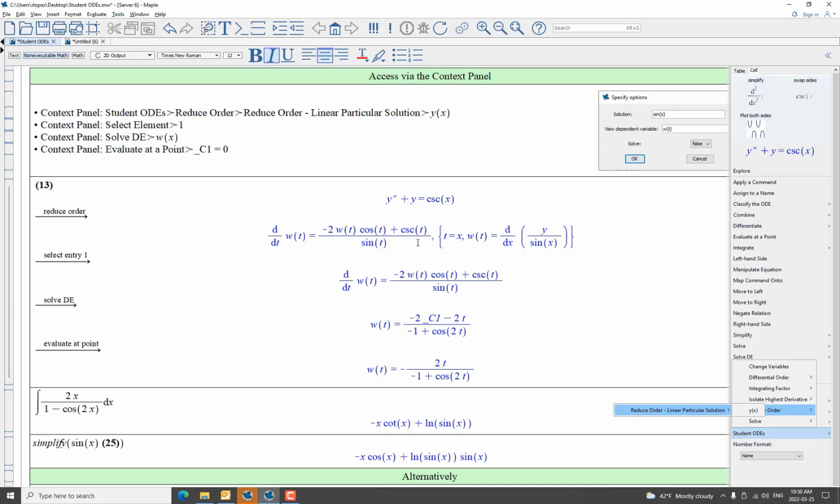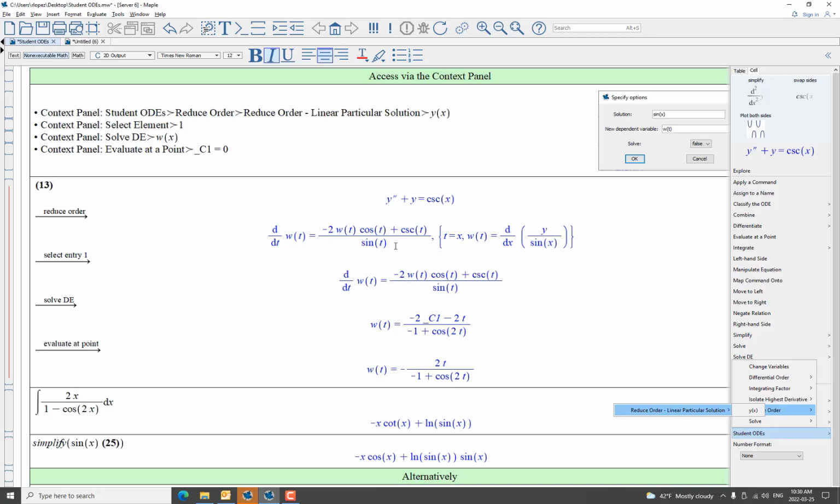This is the reduced differential equation. Notice that it jumps down to the W because that's what you put in here in this pop-up. The known solution sine x and the variable in the reduced equation. And this is the pair of transformations that you have to make in order to get down that far.